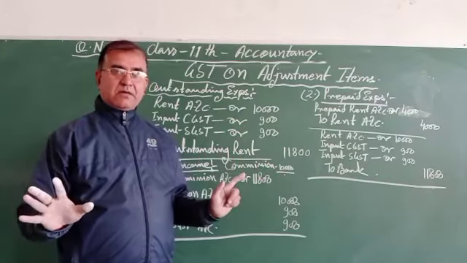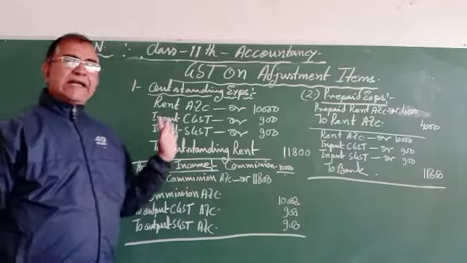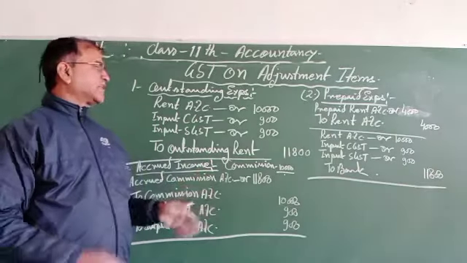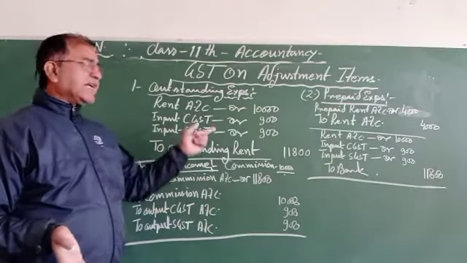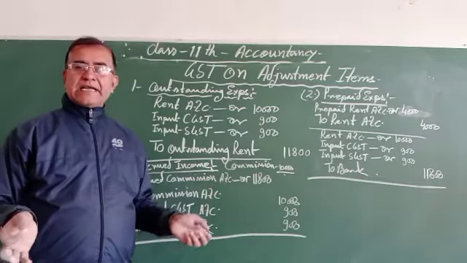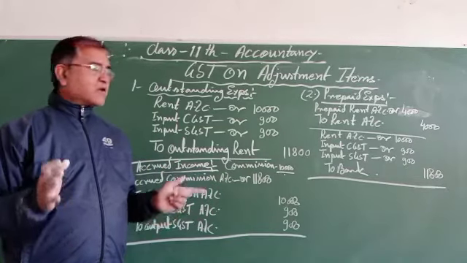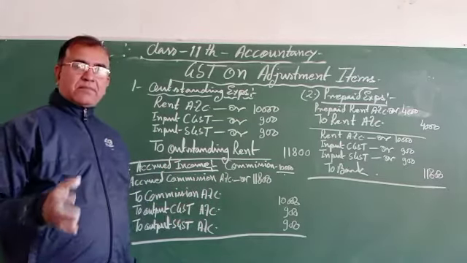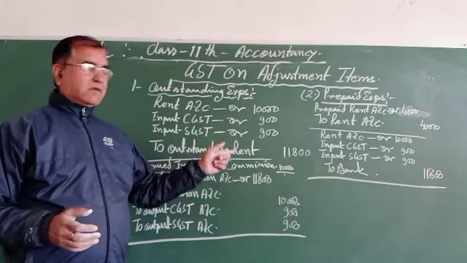Remember, again I would like to explain outstanding expenses. Suppose that whatever the expenses incurred, suppose 10,000 outstanding expenses are just incurred during the year but not paid. So on the payment time the GST will be charged.